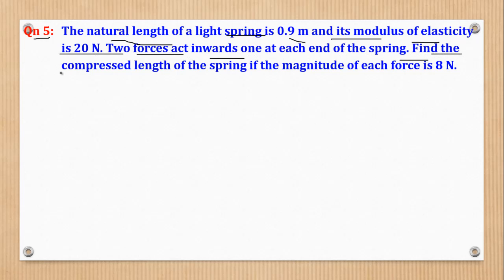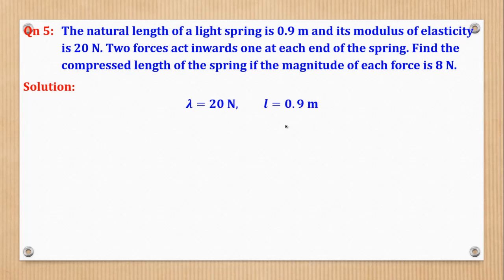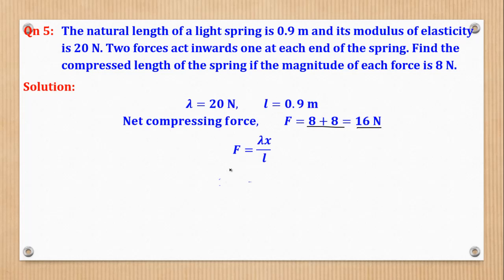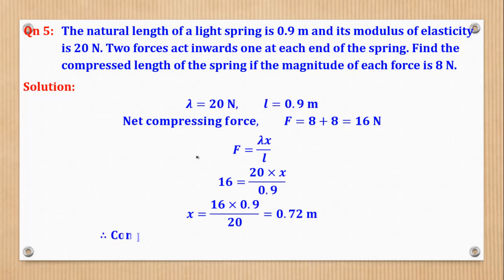Find the compressed length of the spring if the magnitude of each force is 8 newtons. So interpret the question: net compressing force, you add the two to give you this. Then you can code the formula, substitute, and make X the subject. Therefore, the compressed length is that.